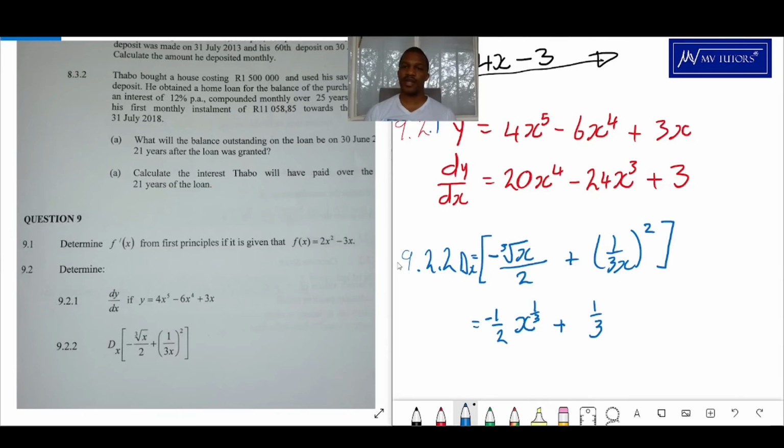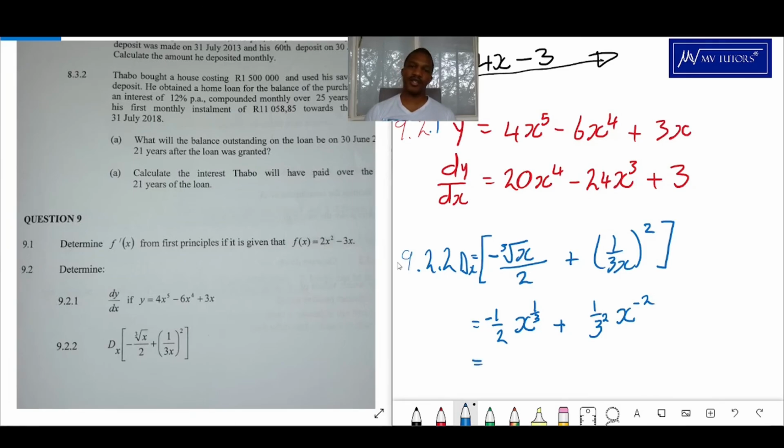Okay, and then I'm gonna square both just to get rid of the brackets. So 1 squared is still 1. I'll square that 3. And then if I'm gonna write the x into one line, it's gonna be x to the power minus 2, because that's how you bring this up there.